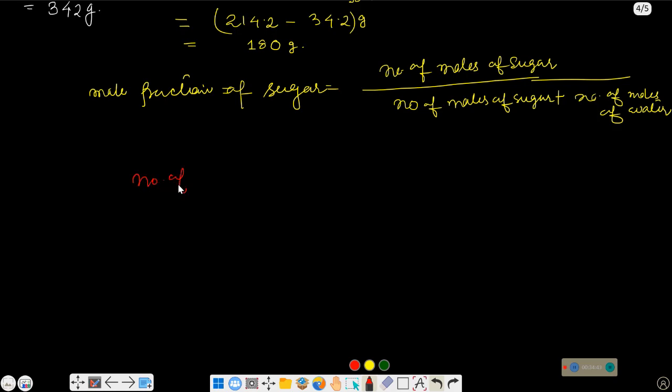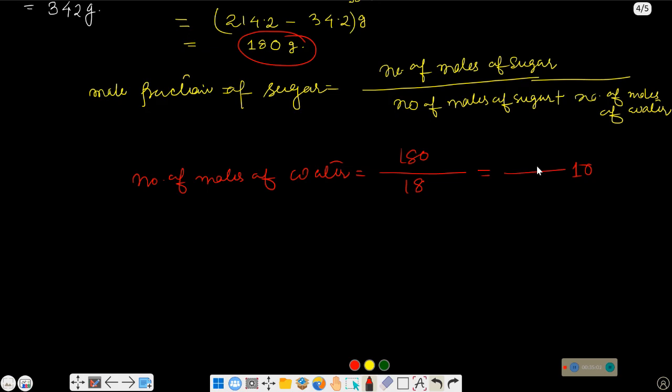What will be the number of moles of water? What is the given weight? 180 gram for water divided by 18, the molecular weight of water. It will be 10. Number of moles is 10. So what is the total number of moles?